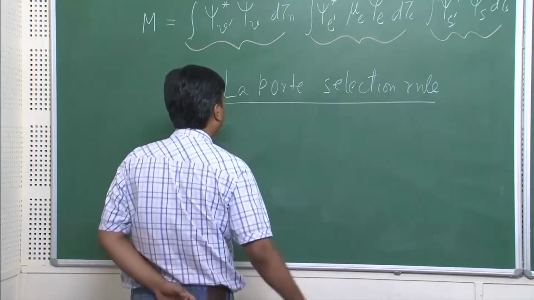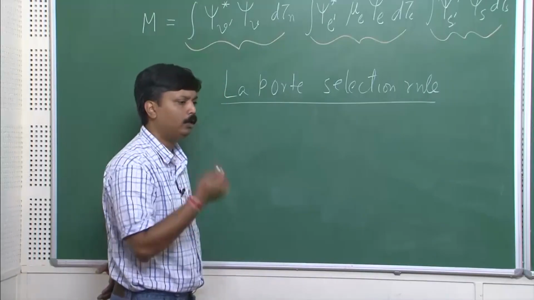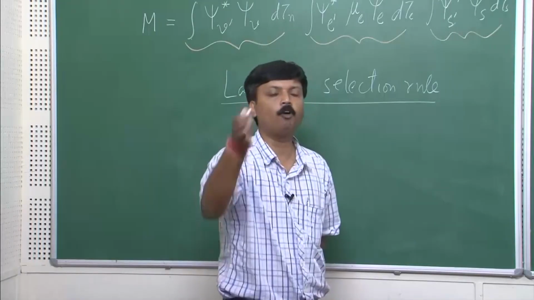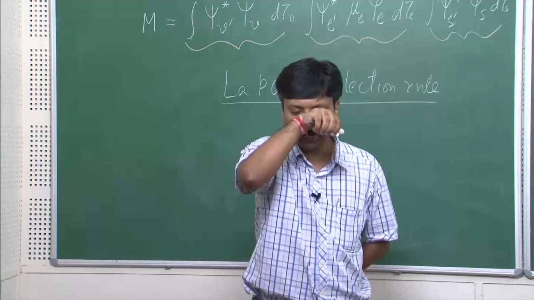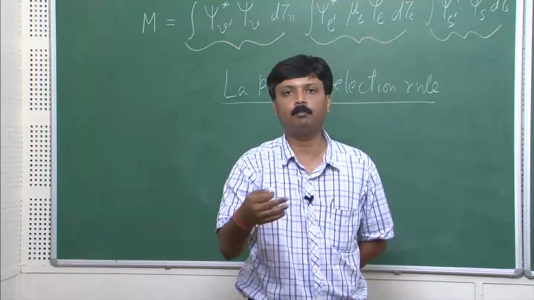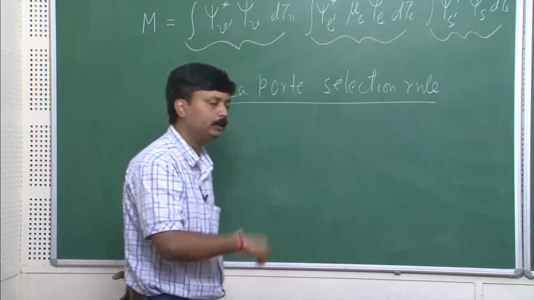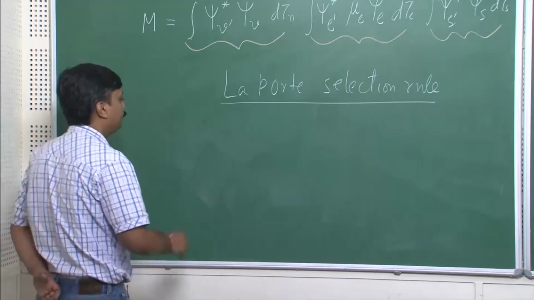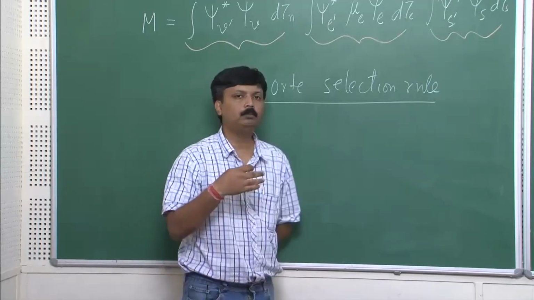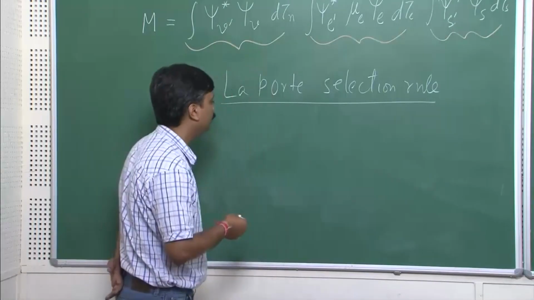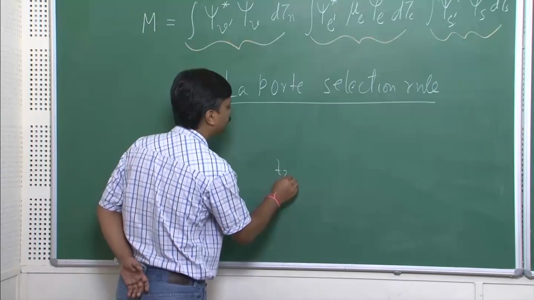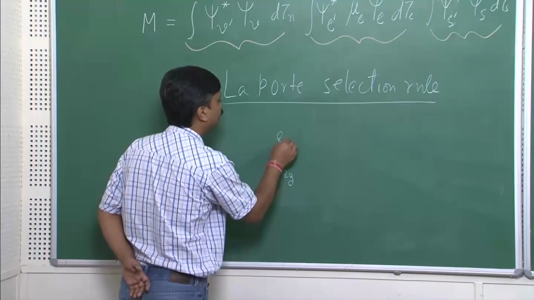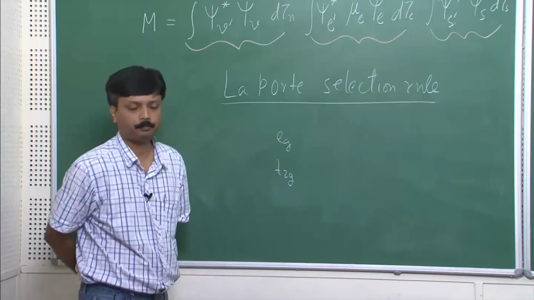So in the case of metal complexes, the ligands form mainly the sigma bonds, and the metal orbitals form the non-bonding orbitals. The metal d electrons give states having T2G and EG symmetry.